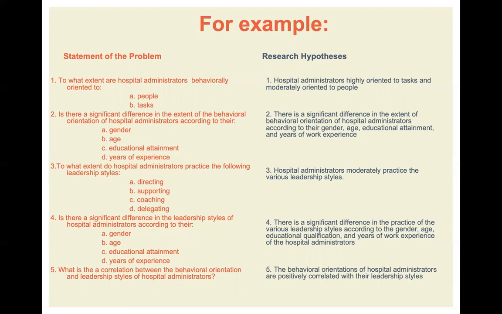Or instead of saying there's no significant difference, you already claim there's a significant difference because the inclusion of a particular intervening or moderating variable is a consequence of an earlier study that declares these A to D as an intervening variable or moderating variable. No? And then 3 is about leadership styles, and it says moderately practiced.